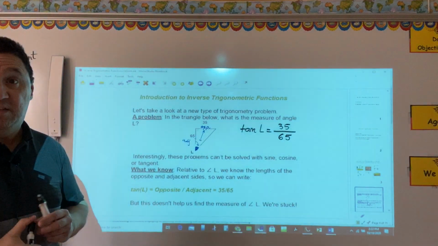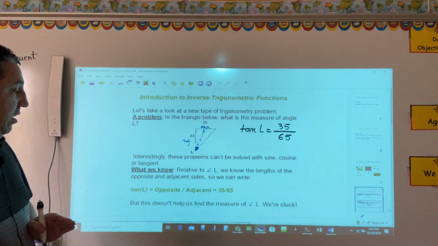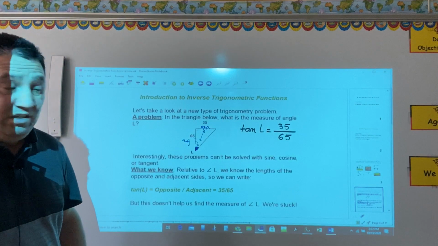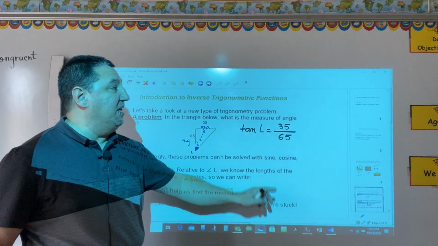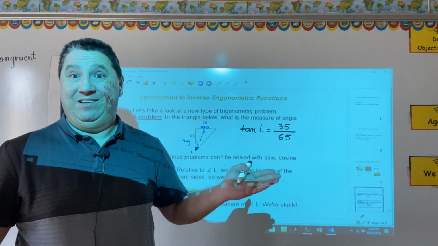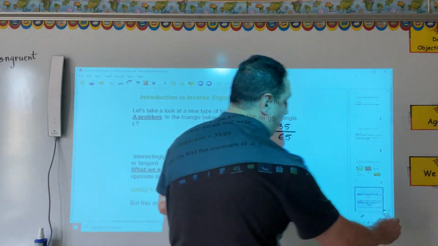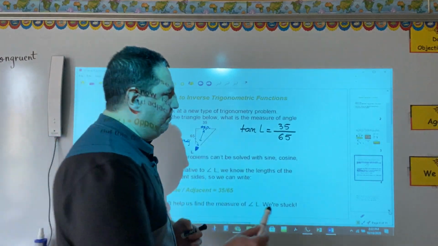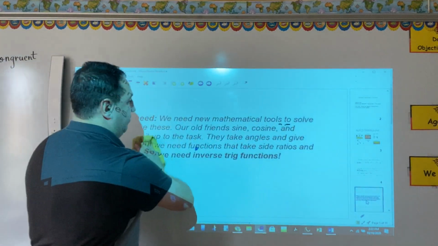Yes, that's the tangent of angle L. But look, this tangent ratio doesn't help us to find the measure of angle L, right? We are stuck. But there is a solution.